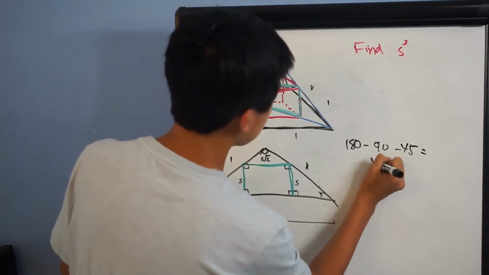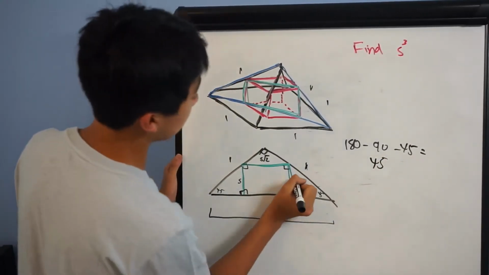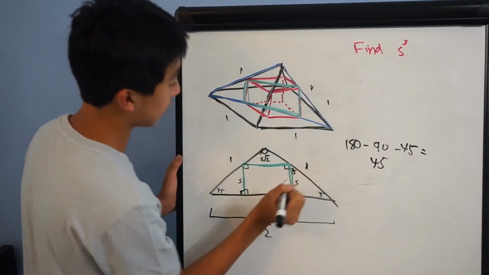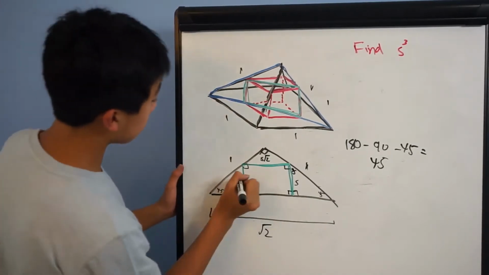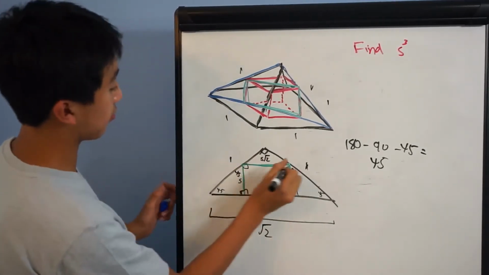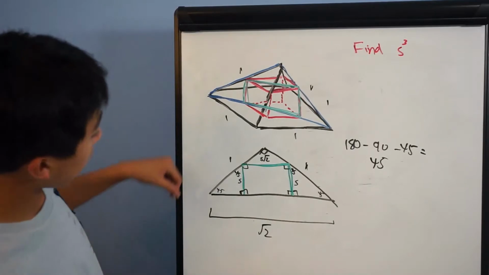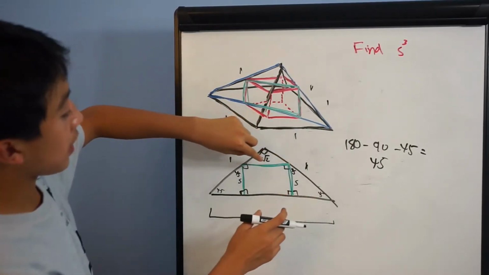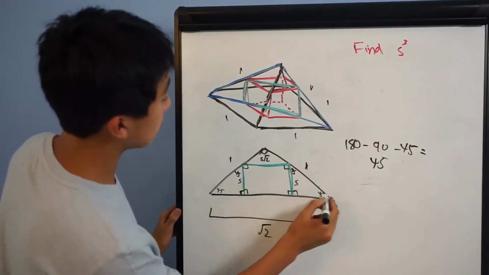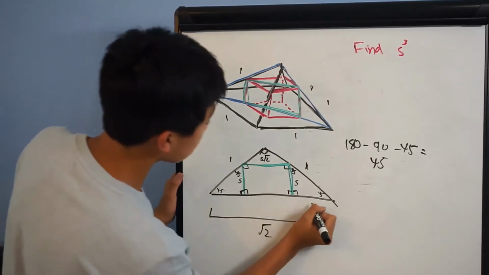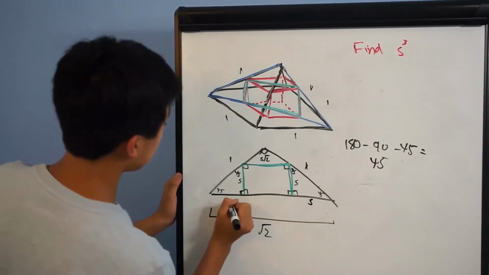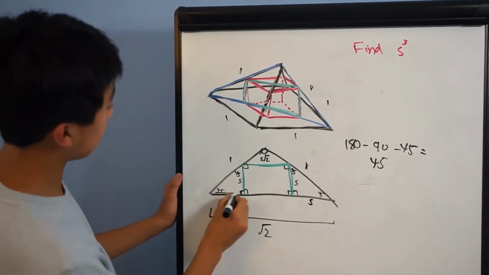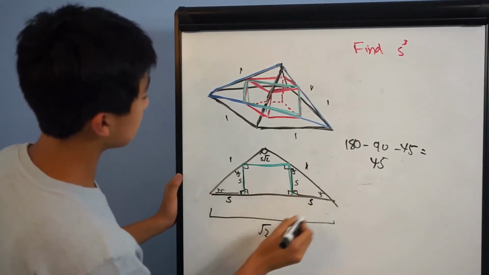This means 45 degrees, so this angle is also 45 degrees. Similarly, this is 45, since these two are congruent triangles. Now, since we have two 45-degree angles, we know this triangle is isosceles, so this has to be S. This has to be S, since these two lengths are equal in an isosceles triangle.